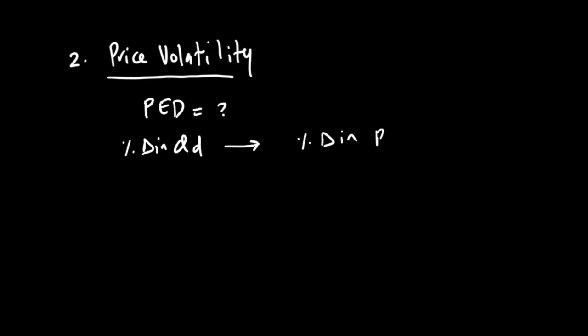And from that, for example, I can find out my profits as well. So one of the main important roles that PED provides us is that if I know our PED, and if we know that the quantity is changing by 10%, I can know how much my price will change in order to know my ultimate revenue and therefore profits.